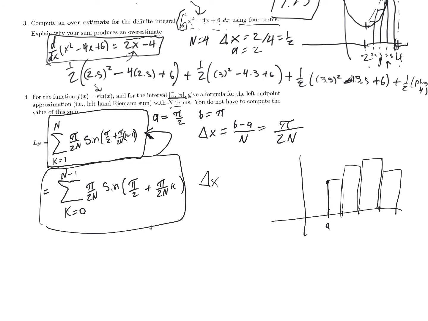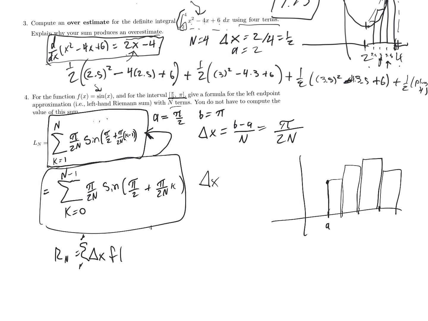Either way, they're both very similar to right-hand rules. This is probably the way to go if you don't want to make a mistake or think about how to memorize these. But they all have the same format. You've got delta x times f of, I'm going to write the right-hand rule first.